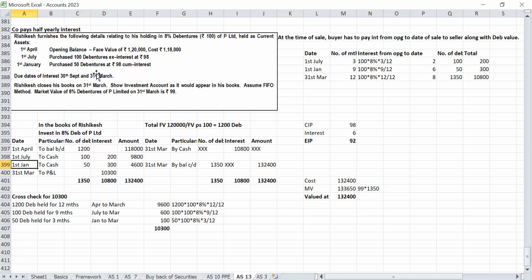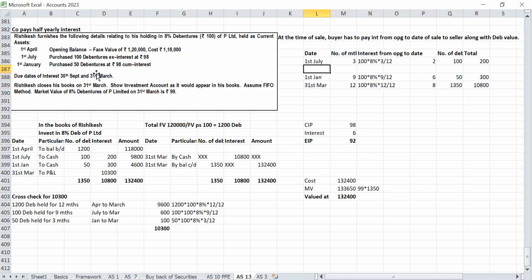Next transaction, 1st January purchase of debentures. Wait. Before 1st January you have one transaction; date wise you have to record. Before 1st January the company will come and pay interest on 30th September. How many months? 6 months interest. How many debentures in hand? 1,300. 6 months interest will be 4 rupees.